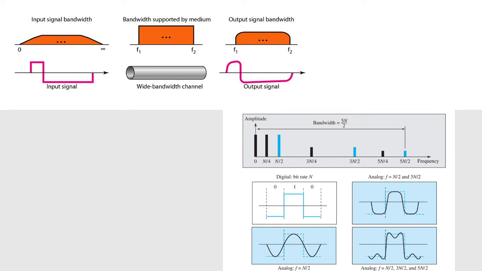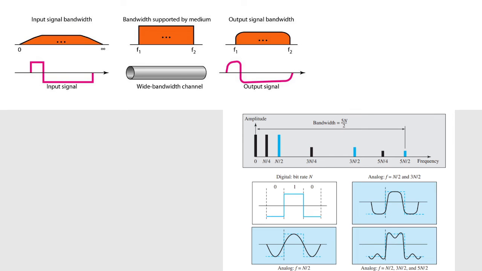This wide bandwidth channel transmission is only possible up to a short distance, because as we can see, the input signal is not perfectly returned at the receiver side, and as distance increases, attenuation occurs.